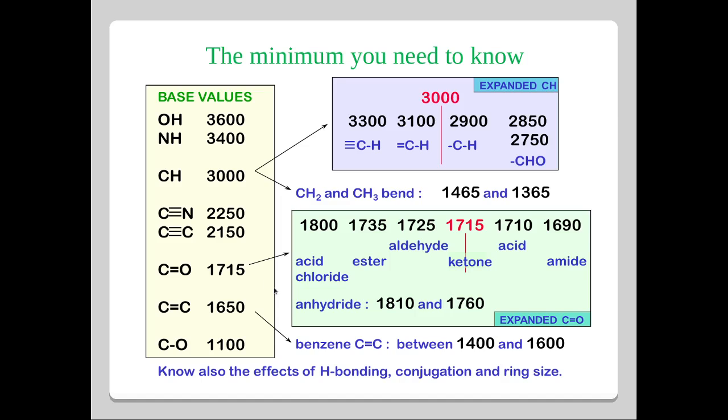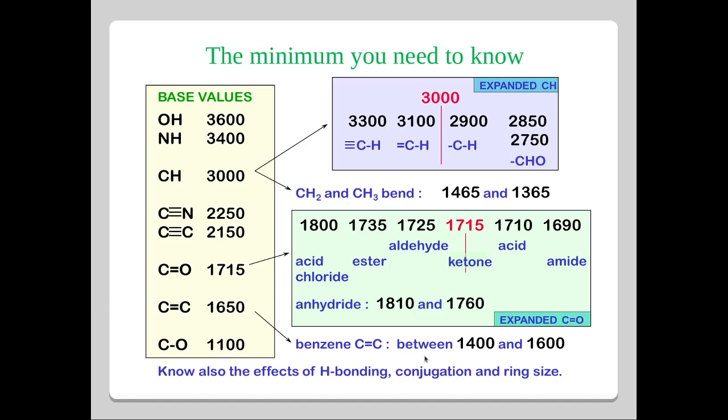Then C double bond C. You can expect this one in aromatic ring systems as well as sp2 carbon-carbon double bond systems in non-aromatic systems.